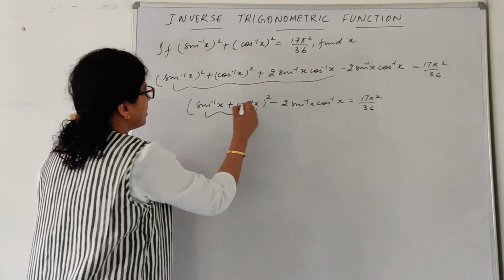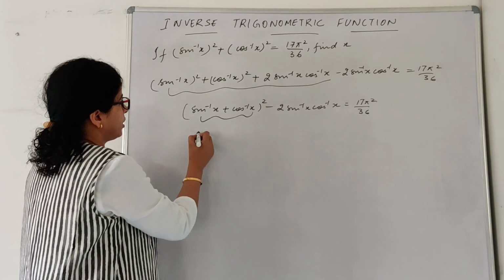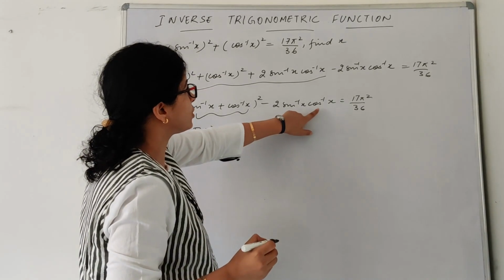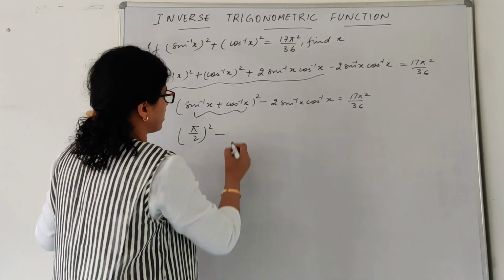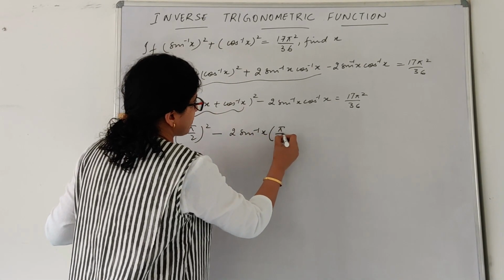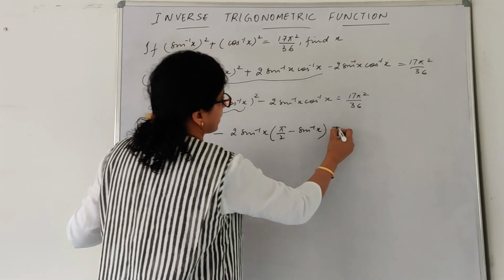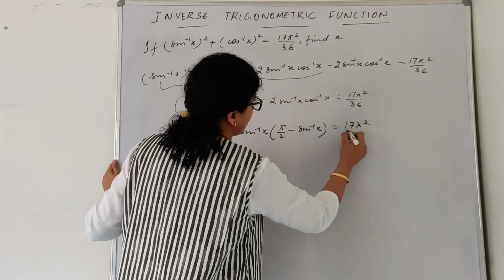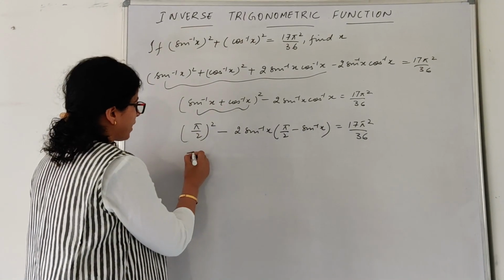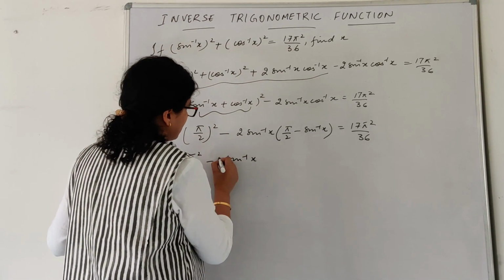Now this can be written as pi by 2 because sine inverse x plus cos inverse x is pi by 2. So pi by 2 whole square minus 2 sine inverse x, and here I will change cos inverse x into one inverse trig function, which can be written as pi by 2 minus sine inverse x, equals 17 pi square by 36. Is that clear? So now this will become pi square by 4 minus sine inverse x into pi.